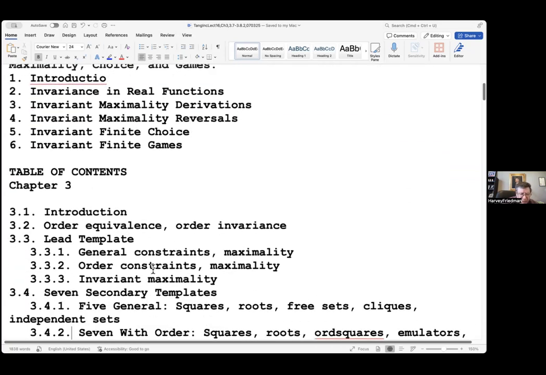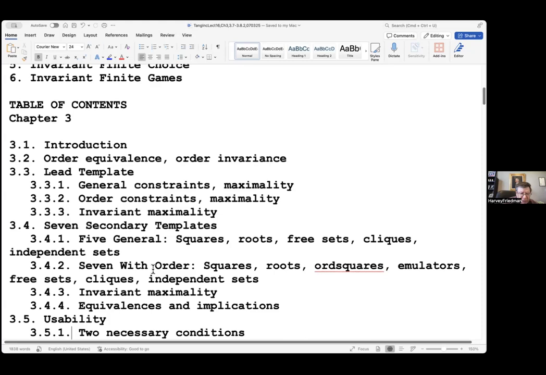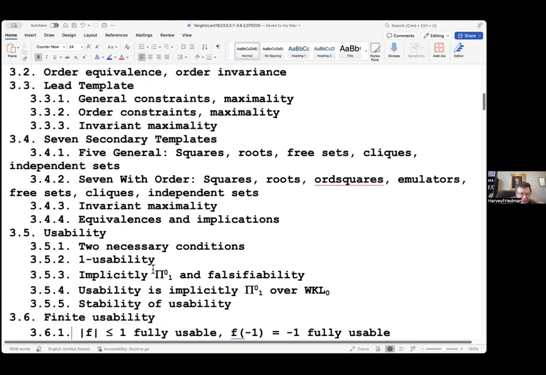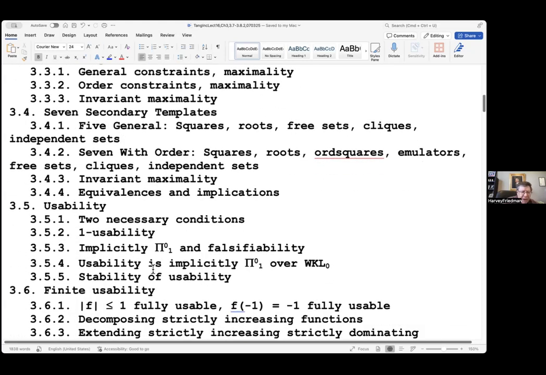Around the level of, if you look at, I call this stability of usability. You can look this up in the downloadable. The usability is invariant: if you change the function, like take its inverse or do various things to the function, it'll stay usable. It'll be usable if and only if it's usable with the change.